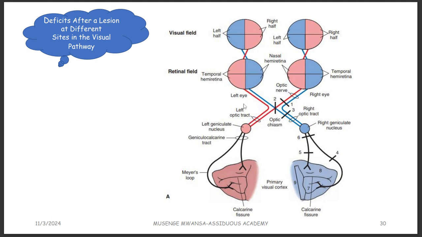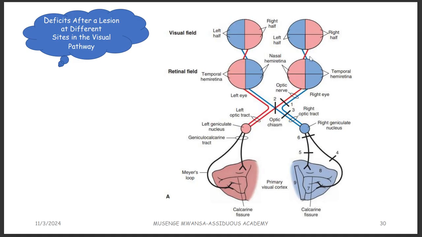So depending on where we are, like on the optic chiasm here, if there's an injury, it means the fibers coming from the nasal hemiretina are affected. But then that information is coming from where?